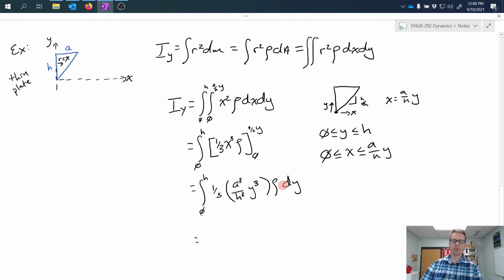And I'm integrating with respect to y, so my non-constant term here is y cubed. So my integration is going to be 1/4 y to the 4th. 1/4 gets multiplied by 1/3 to get 1/12. And all of this is defined between my limits of 0 and h.